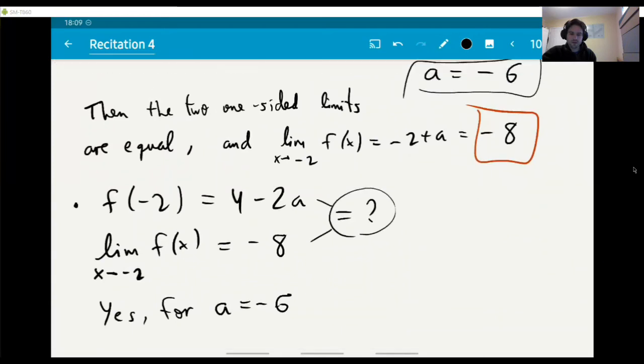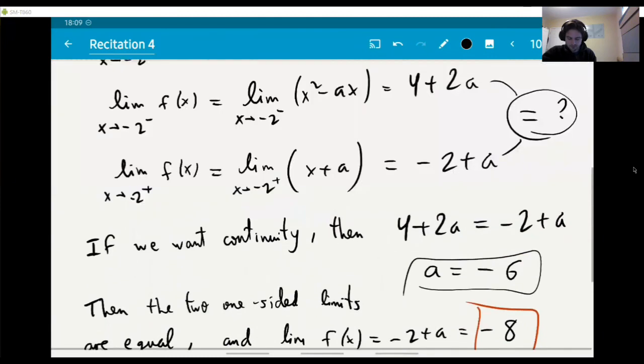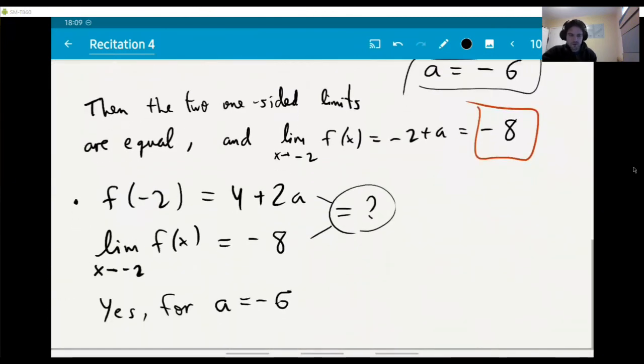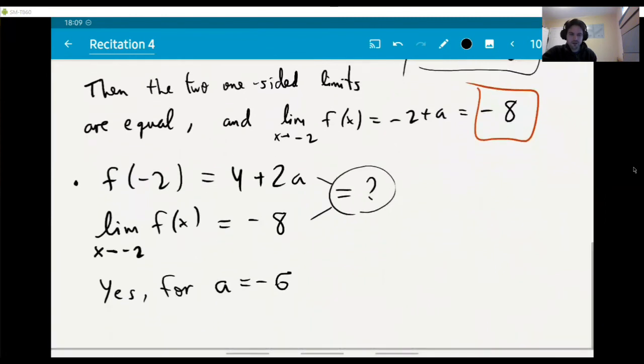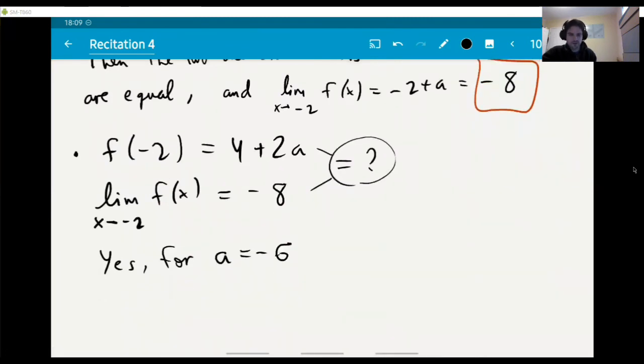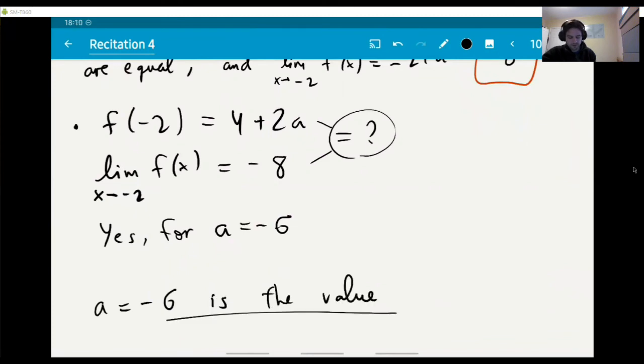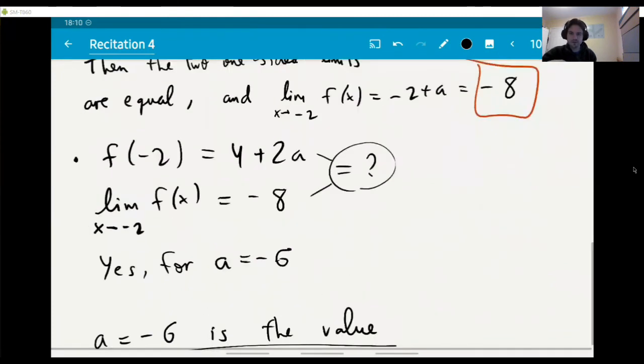Is that the value that I found? For 4 plus 2a, that makes more sense. 4 plus 2a was the value of f of -2. And if you plug in a equals -6 here, then 4 minus 12 is -8. They really are equal. So the three conditions are satisfied for that value of a. So a equals -6 is the value that makes the function continuous.